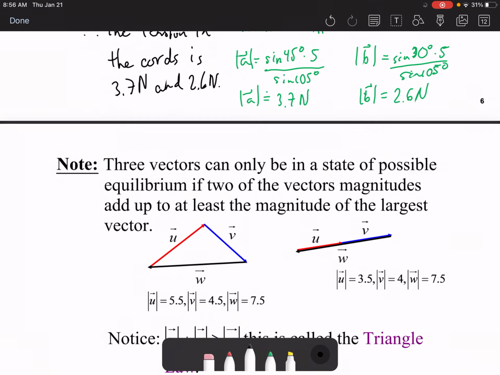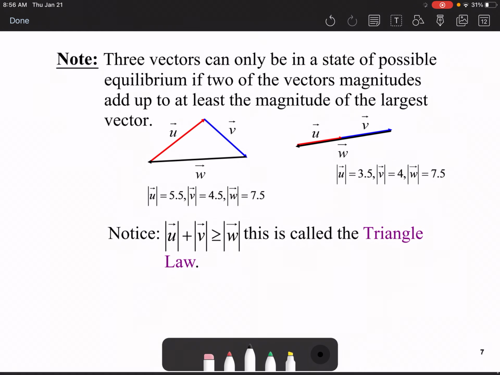So one last thing to note. 3 vectors can only be in a state of equilibrium if 2 of the vectors' magnitudes add up to at least the magnitude of the largest vector. So in our first example, we actually have a triangle drawn.